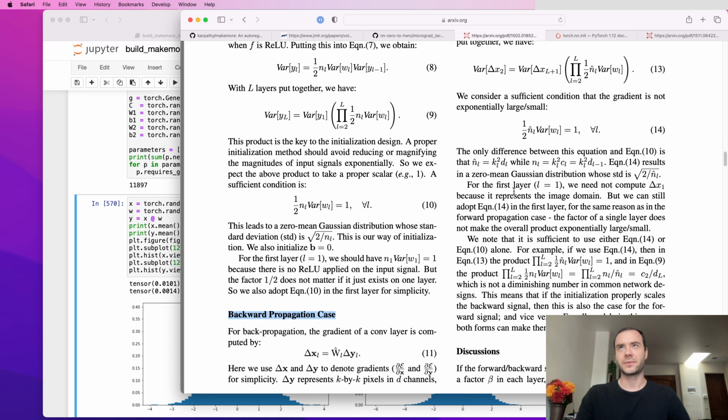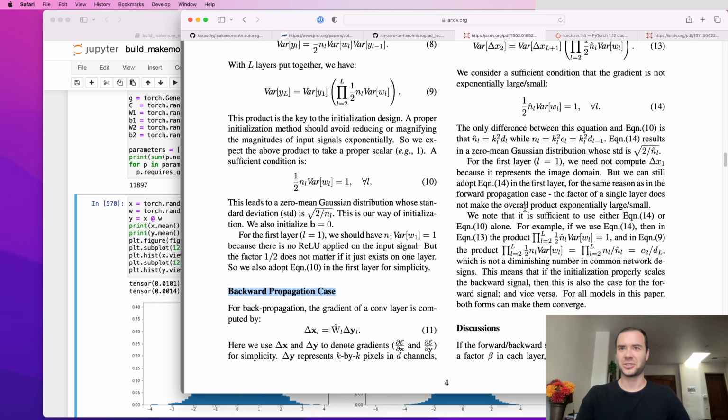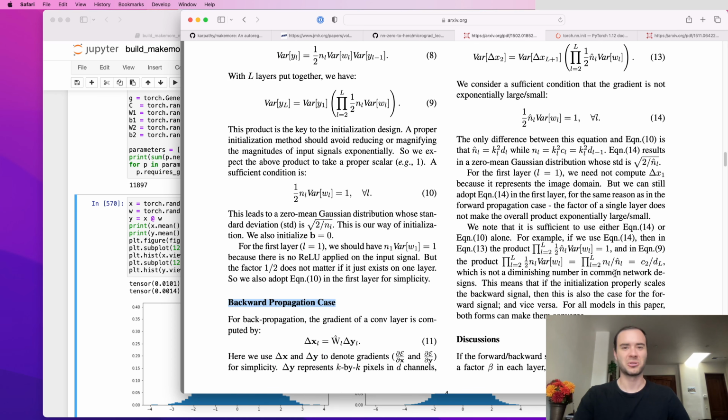What they find through a lot of analysis that I invite you to read through, but it's not exactly approachable, is that if you properly initialize the forward pass, the backward pass is also approximately initialized, up to a constant factor that has to do with the size of the number of hidden neurons in an early and late layer. But basically they find empirically that this is not a choice that matters too much.